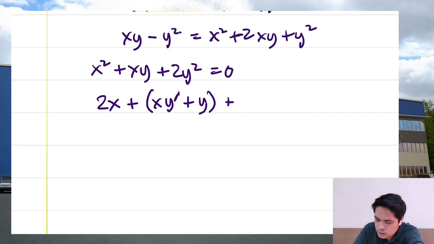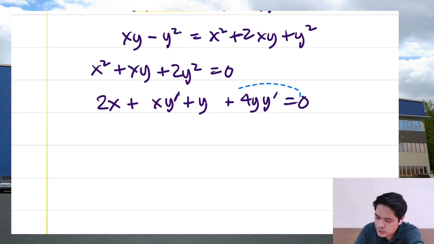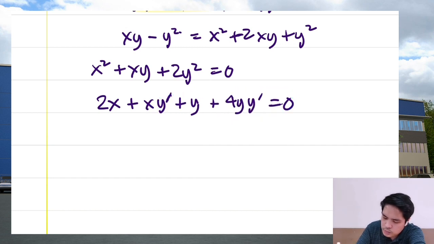Okay. Then plus the derivative of this, that is simply 2 times 2. So 4y raised to 1 times y prime. That's equal to 0. Then positive naman to, so I can just release that from the grouping symbol. Ayan. Then we can just combine the terms with y prime.